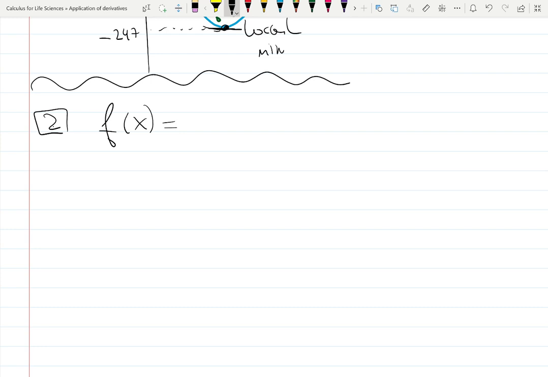This is a very classical example. 2/3 x minus 2 raised to the 1/3, minus, oh no, sorry, that is already a derivative. A function is x minus 2 raised to 2/3, plus 1.